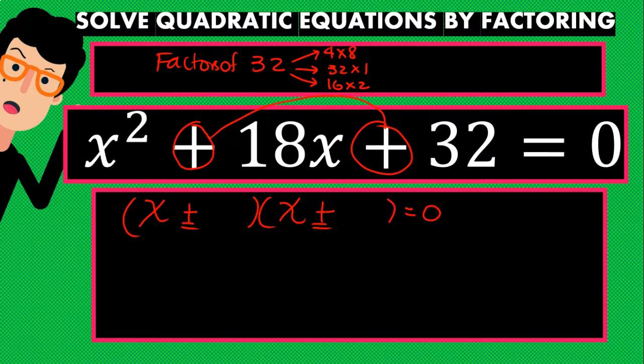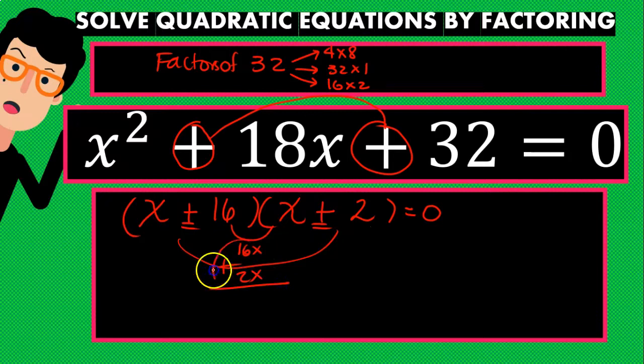But when we take 16 and 2, the addition is going to be 18. So that means that we're going to take 16 and 2, because whenever we multiply 16 times x, it is going to be 16x, and then x times 2, that is going to be 2x. And whenever we add them, that is going to be 18x, which is the term we're looking for, correct?